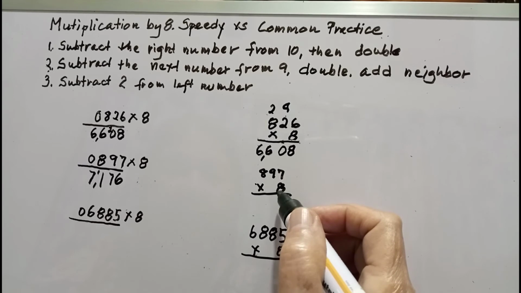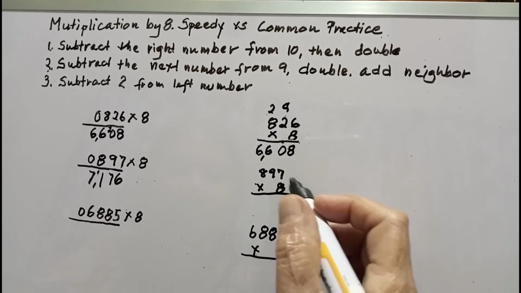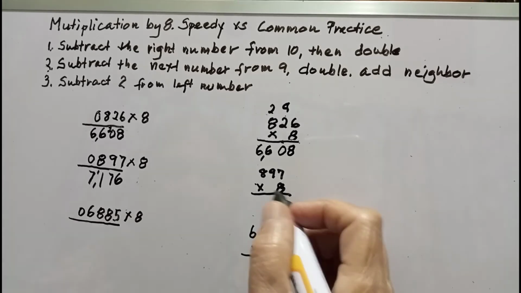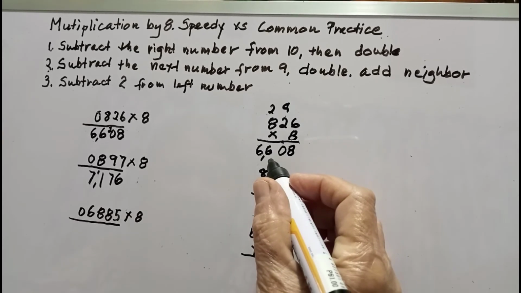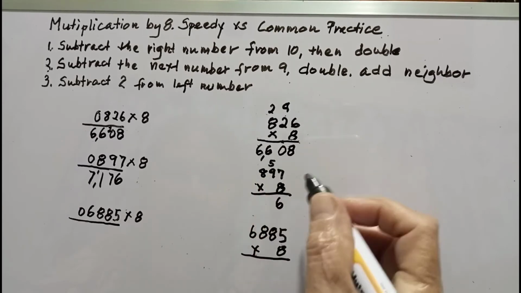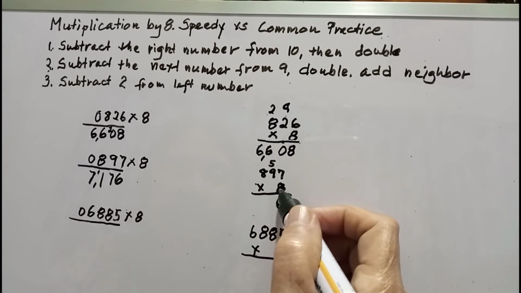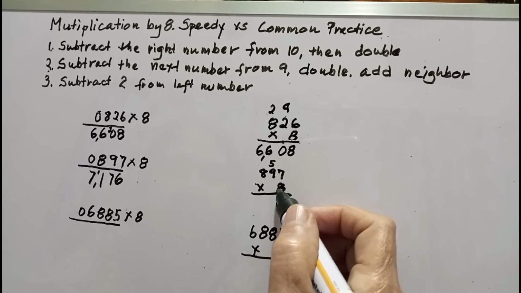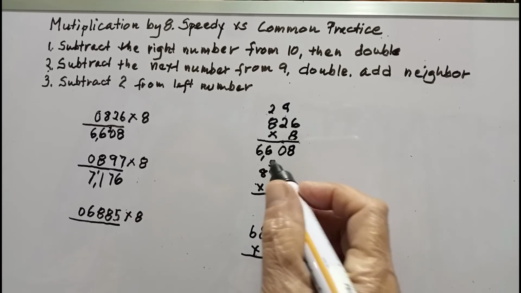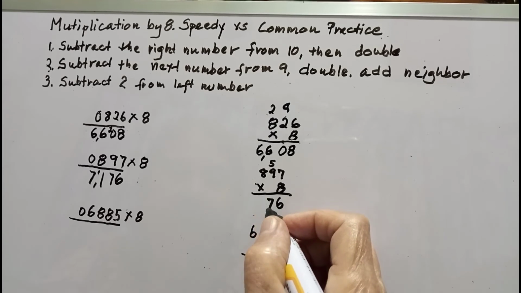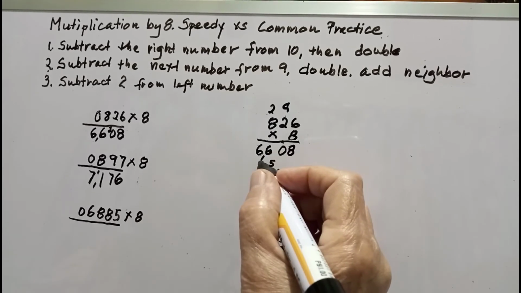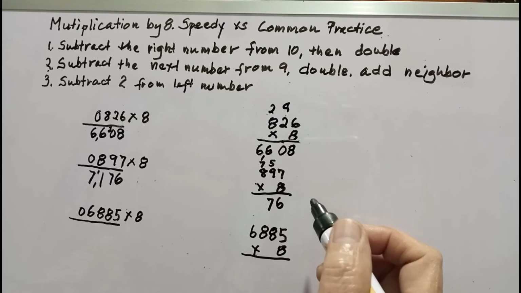So 7 times 8. Sometimes this is a gray area to me. 7 times 8 equals 56. Carry 5. The 9 times 8 is 72 plus 5, that would be 77, carry 7.